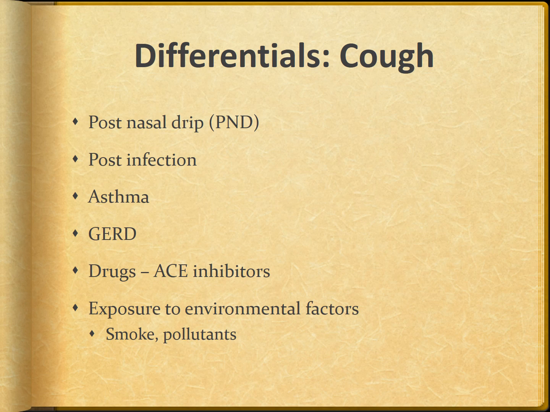Again, that's a side effect of taking your ACE inhibitors in patients that will present with a cough shortly after you prescribe ACE inhibitors. And as soon as you deprescribe your ACE, the cough goes away. And also patients that have exposures to environmental factors such as smoke, pollutants, or patients that work in chemical plants.